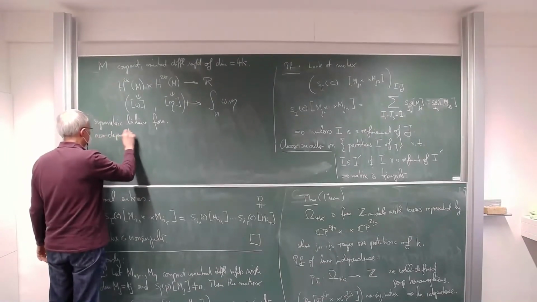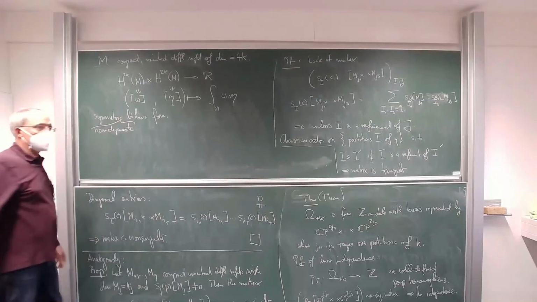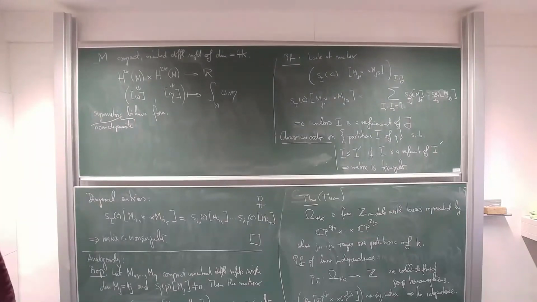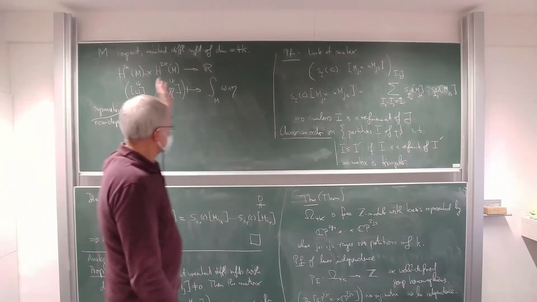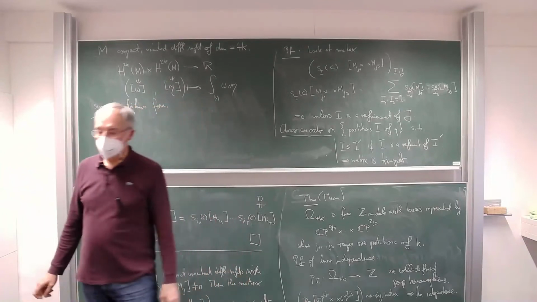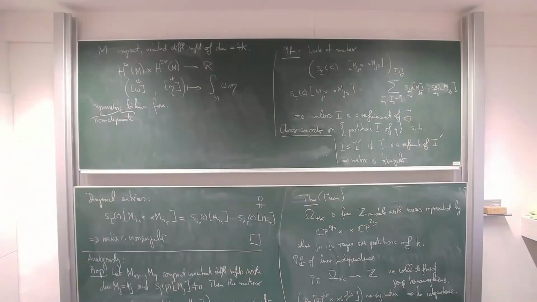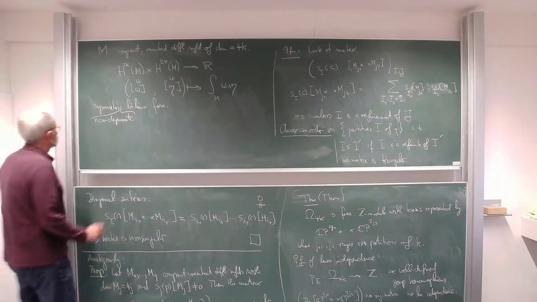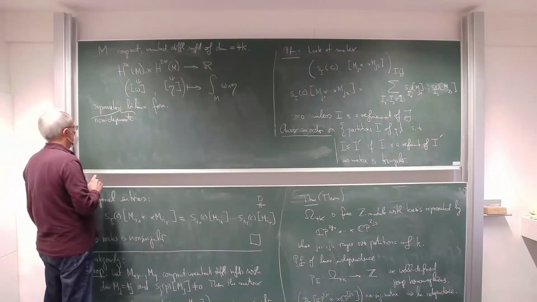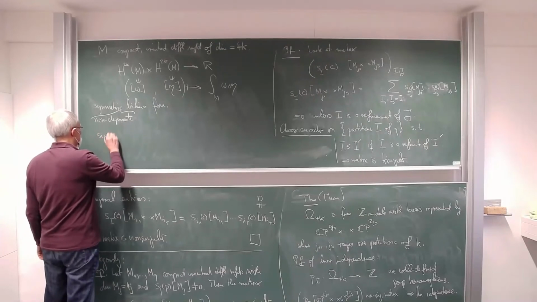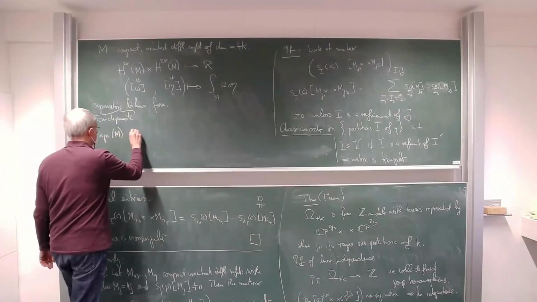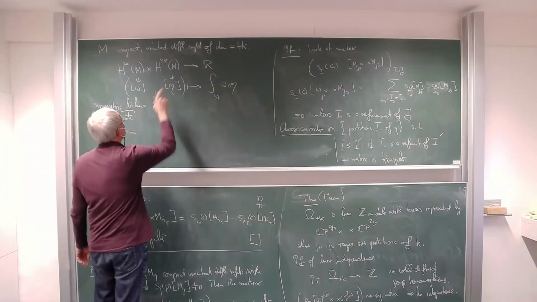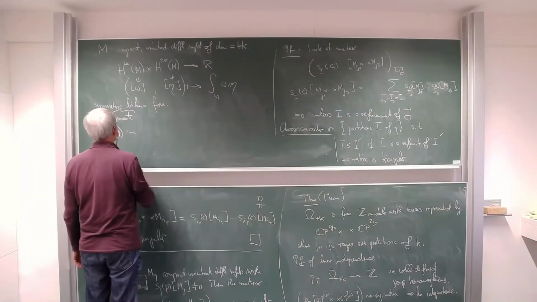That's a consequence of Poincaré duality. Poincaré duality basically is the statement that this is a non-degenerate form. But anyway, the number of positive minus negative eigenvalues gives us a signature. And this is called the signature of the manifold M. So the signature of the manifold is by definition the signature of this bilinear form.